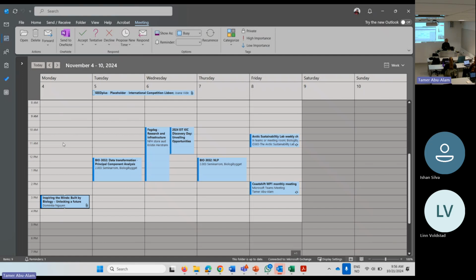Make sense? Yes. Okay, so I will send the doodle, try to fix this lecture that we need to move. And then we will think about the last lecture, because normally we take this last lecture as a social event, just to say hello to everyone, good luck with the exam.